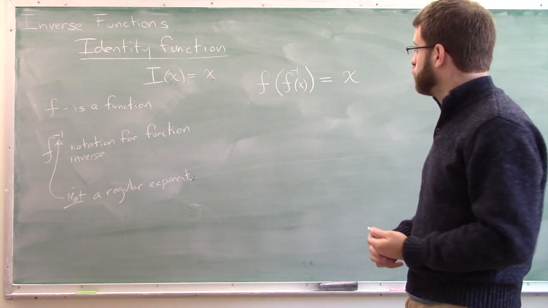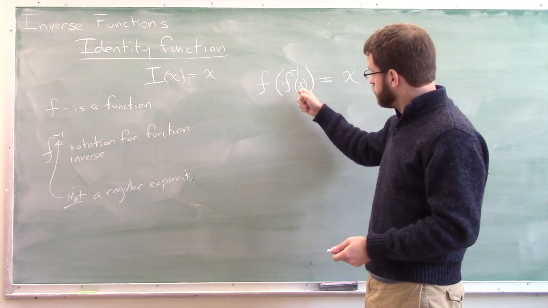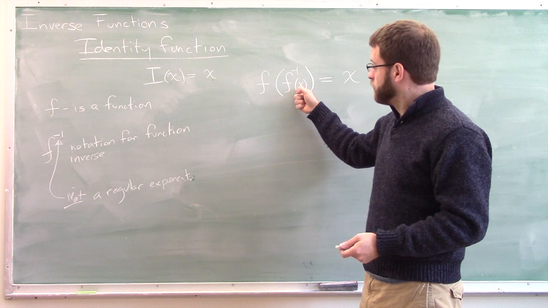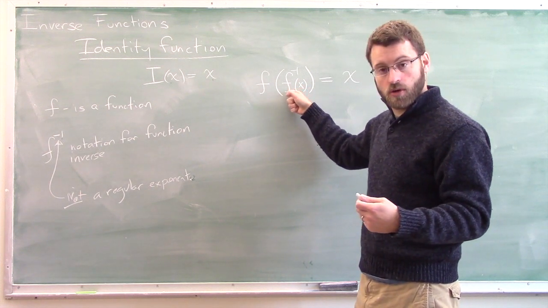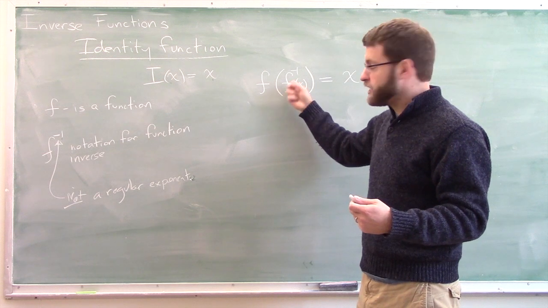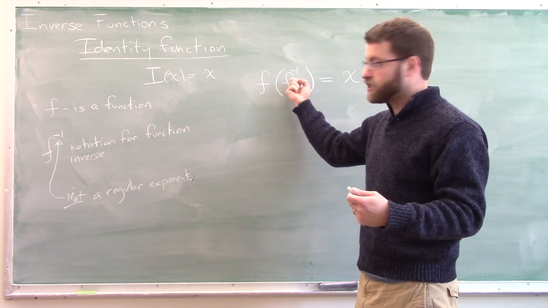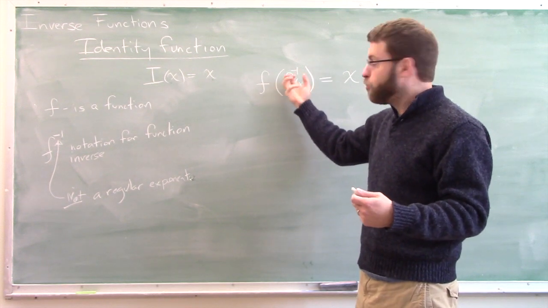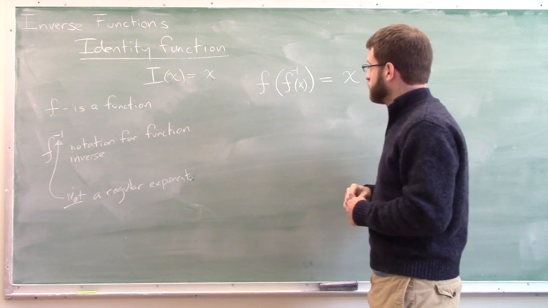That should leave the input alone. So here, if you think about this composition in stages, you have the input, which you're putting into the f inverse. Then, what you're doing is you're changing that, okay? And then when you change that to the output of f inverse, f is bringing you back to x, okay?